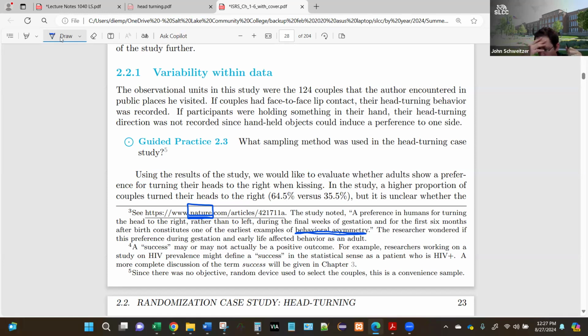It's an interesting question. This author was looking at other behavioral asymmetries. It turns out that right-handedness is not limited to handedness. People tend to have a preferred foot, for example. More people are right-footed than left-footed, for whatever reason.